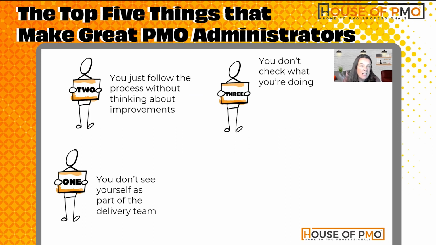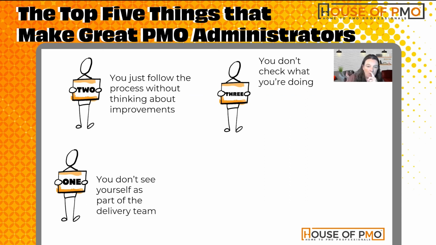Certainly one of the things that gets leveled at PMO administrators is that they'll take information in, copy and paste it, and send it back out again without adding any value whatsoever, including checking for grammar and spelling mistakes, all of that kind of stuff. But ultimately, you're there to be doing that reviewing and checking.